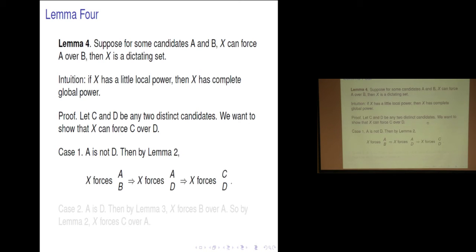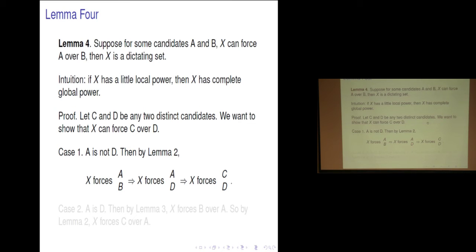So there are 2 cases. The case 1 is A is not D. Because in order to play the game, we need a different person. We cannot force A above A. So we have to use a different person. So suppose A is not D. Now, if X can force A over B, X can force A above any person.